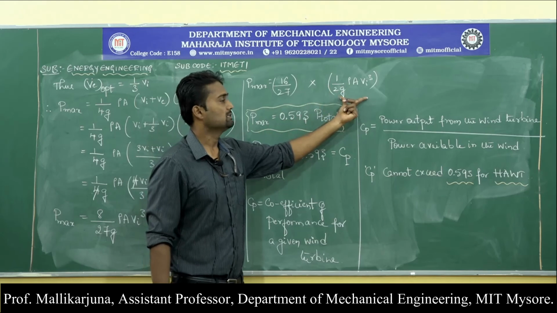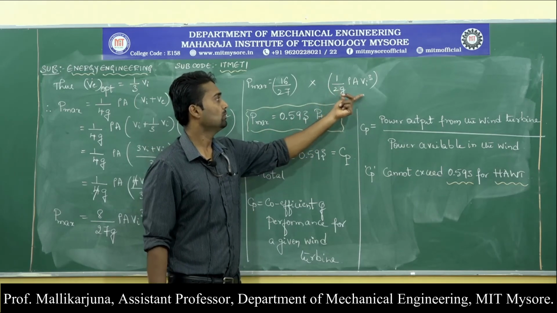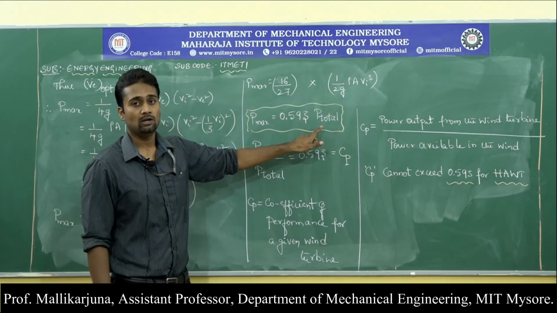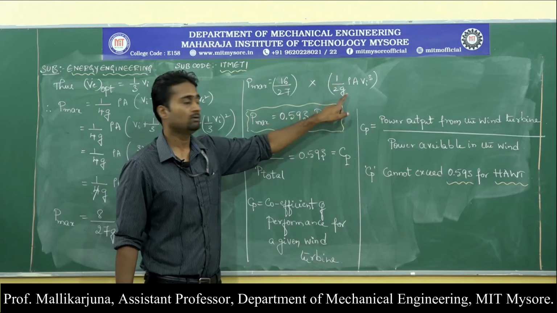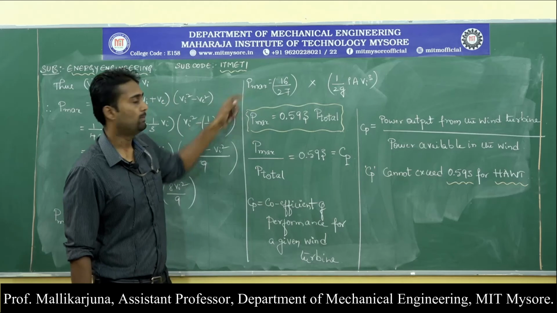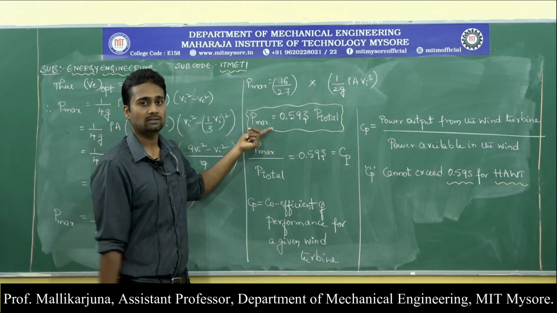Now this is the initial expression we have seen, that is nothing but the total power available in the wind, which is half G rho A Vi cube. On the left hand side I have power maximum, in the sense maximum power that is developed by the turbine.